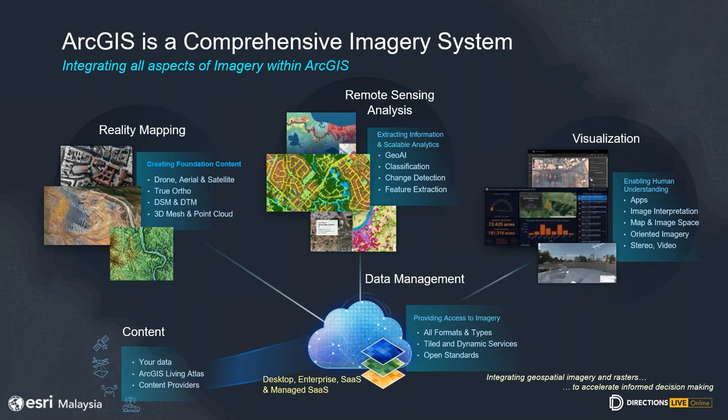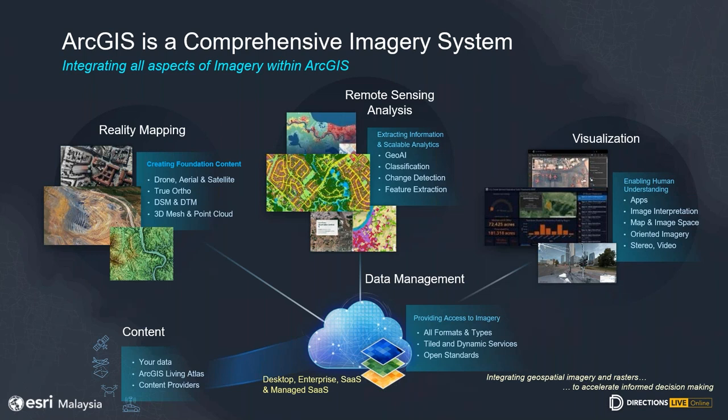Employ data models specifically optimized for various types of imagery, ensuring efficient and effective management. Analyze and visualize our imagery with advanced tools to gain deeper insight and make informed decisions.